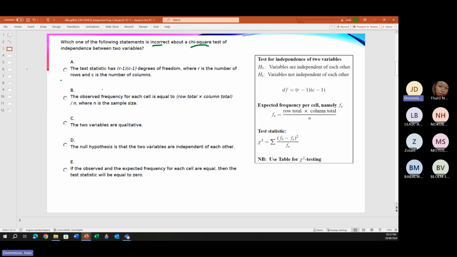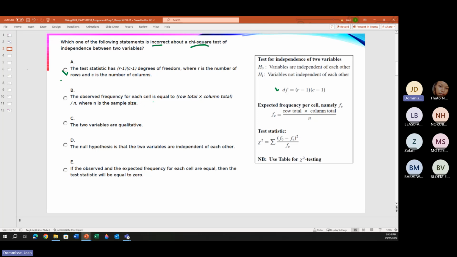Okay, so the test statistic has R minus 1 times C minus 1 degrees of freedom, where R is the number of rows and C is the number of columns. So that is true. Next: the observed frequency for each cell is equal to row total times column total divided by n, where n is the sample size.